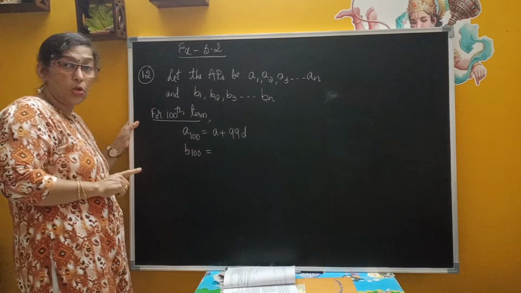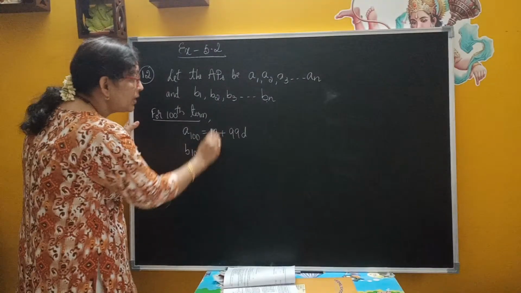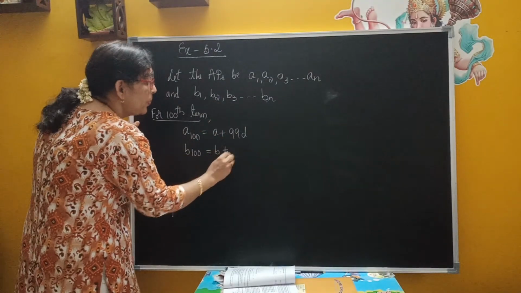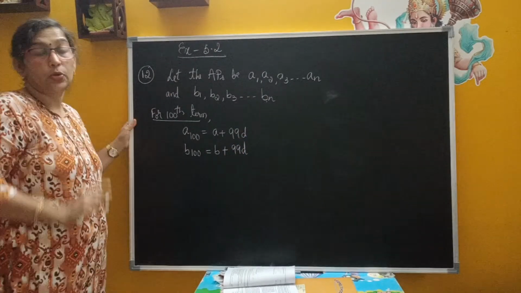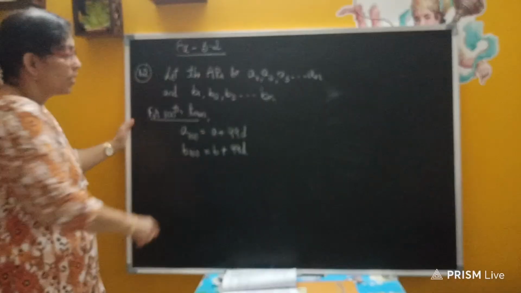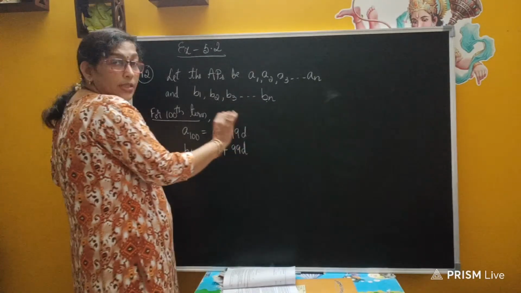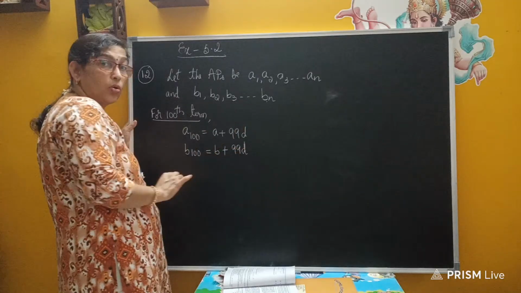If n is equal to 100, B100 is equal to B plus 99D. I write D only because D is equal in both cases. The common difference is the same, so we need not change D. We cannot take D1, D2. So let us take it as D only.